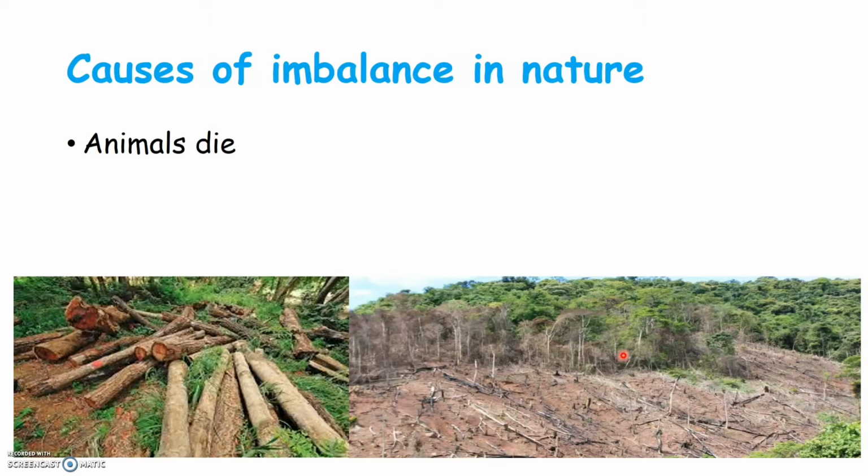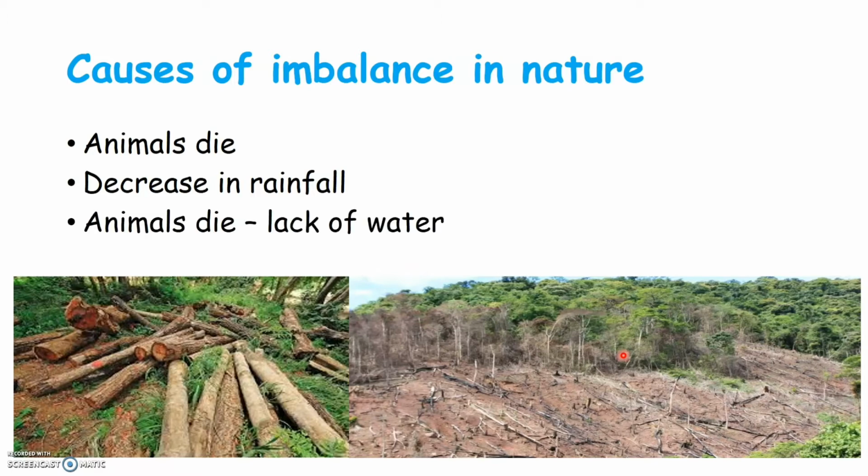Deforestation will also cause a decrease in the amount of rainfall. Now what happens when there is a decrease in rainfall? Animals that live in the forest will lack water, and finally these animals will die.